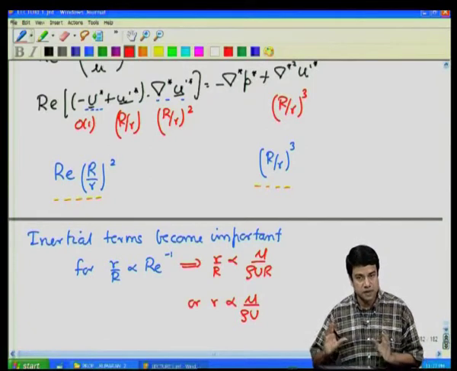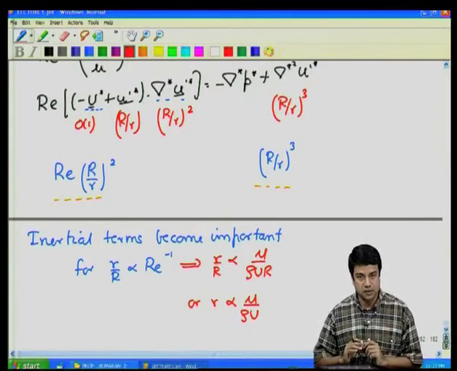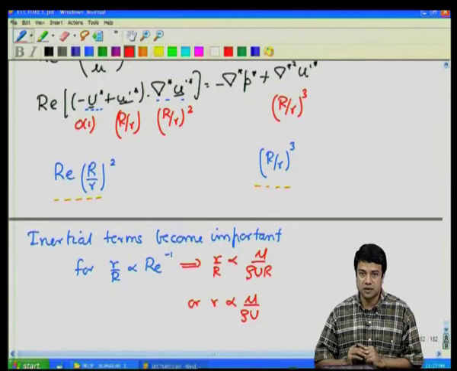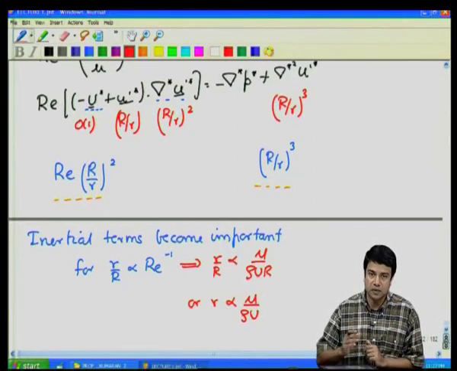And once you go to that sufficiently large distance, it is no longer sufficient to solve only the viscous terms of the conservation equation, because the inertial terms have become comparable to the viscous terms.